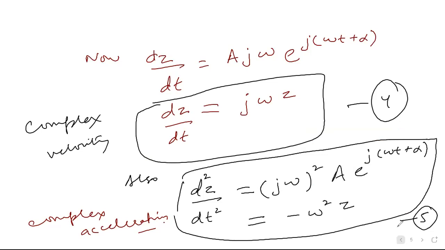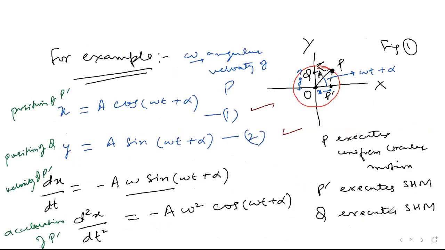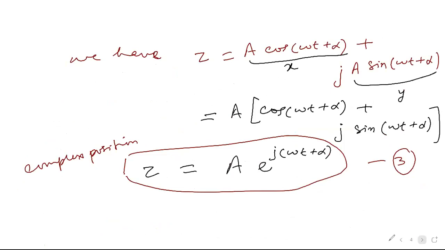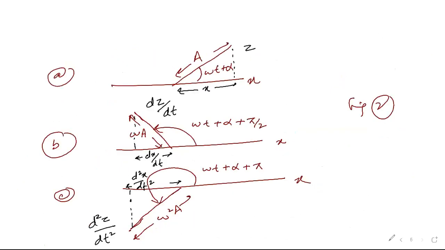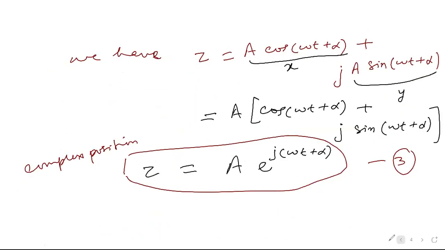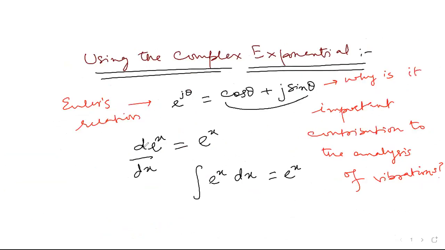That means we are discarding the oscillation along y at the end, but along the calculation, we consider as if there are two oscillations taking place. This is how the complex exponential usage allows us to move forward in the analysis of vibrations, thanks to Euler's relation.